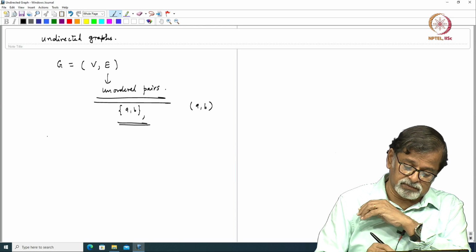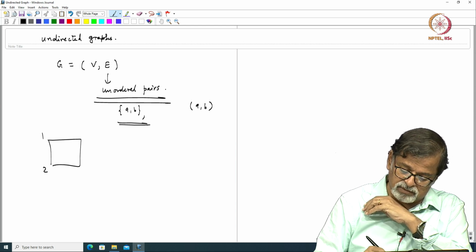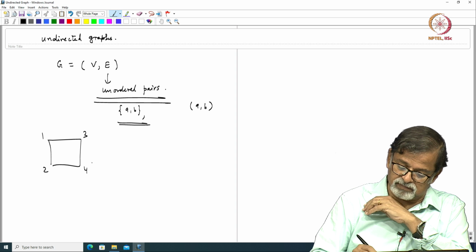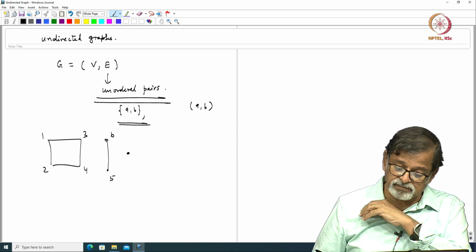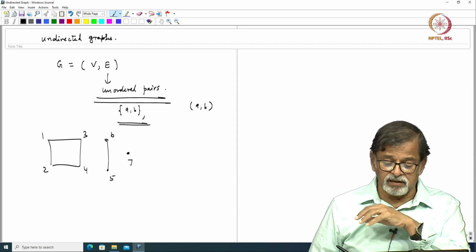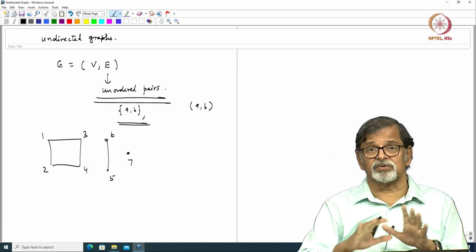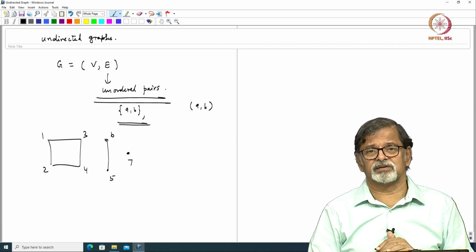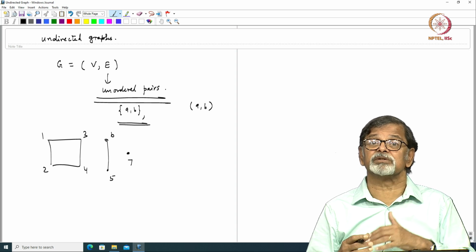So, for example, if I have the picture with 1, 2, 3, 4, 5, 6, 7, notice that I have not added any arrowheads, there is no direction here. So, you can traverse an edge in both directions.